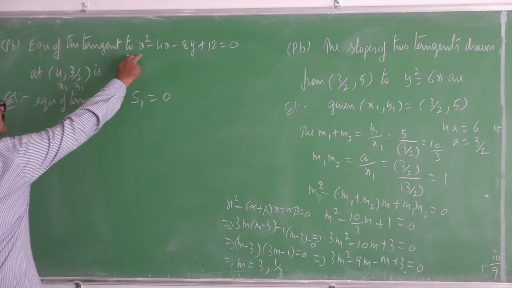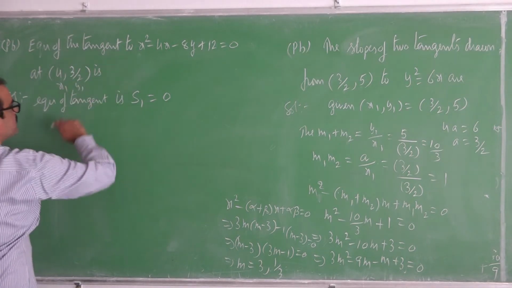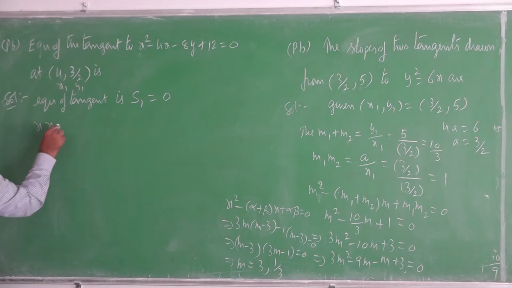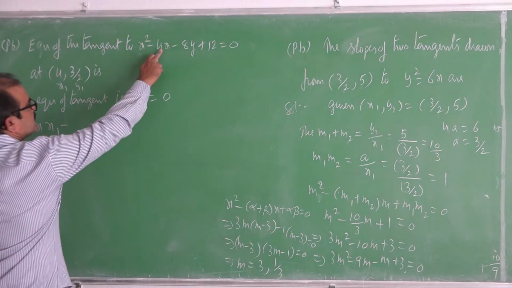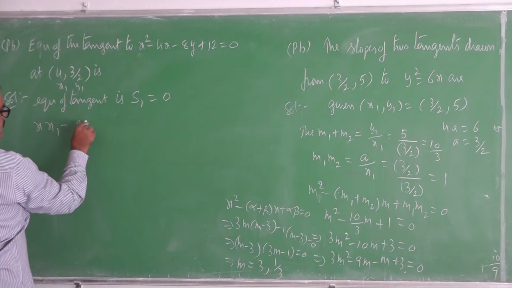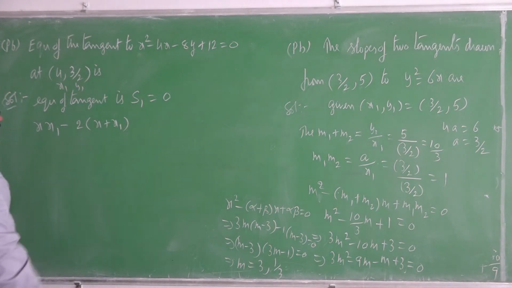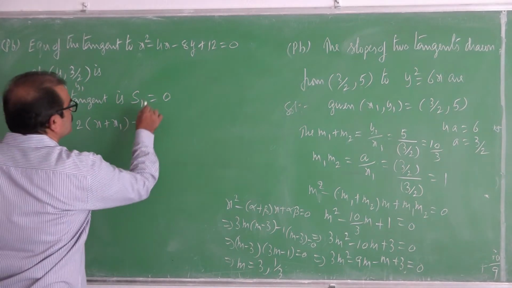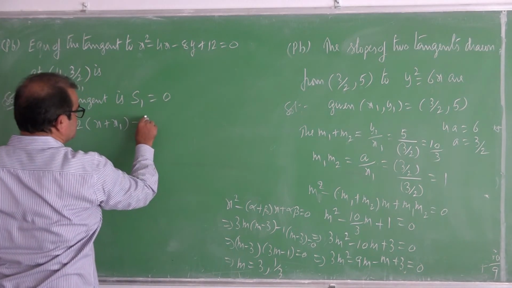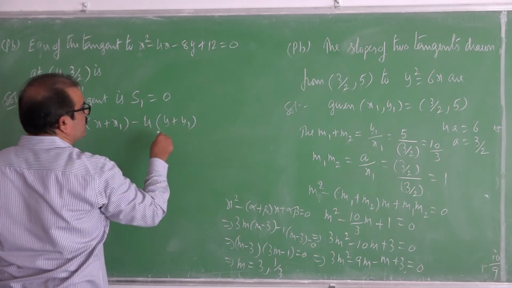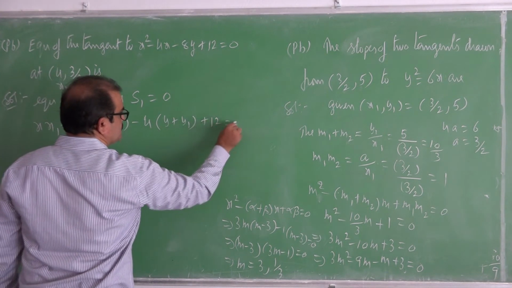To this equation, how to write S1? x square is taken as x into x1, minus 4x is taken as 2 into 2x, 2x is taken as x plus x1. 8y is taken as 4 into 2y, 2y is taken as y plus y1, plus 12 is equal to 0.